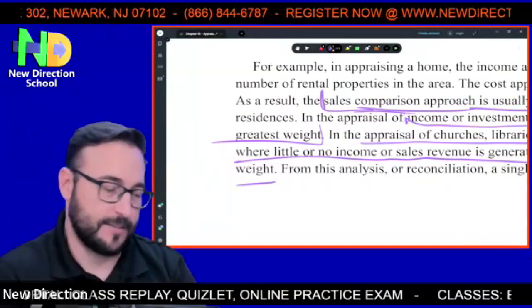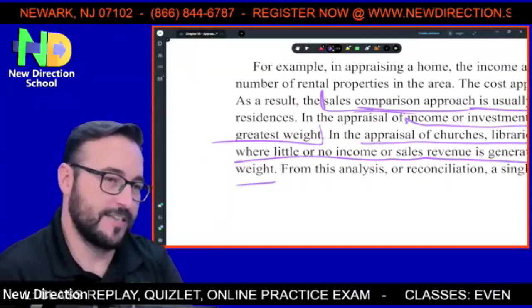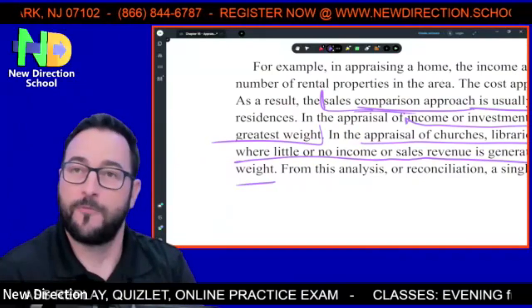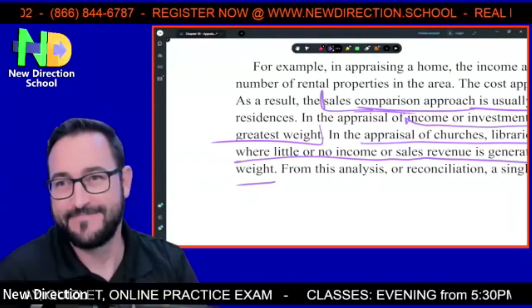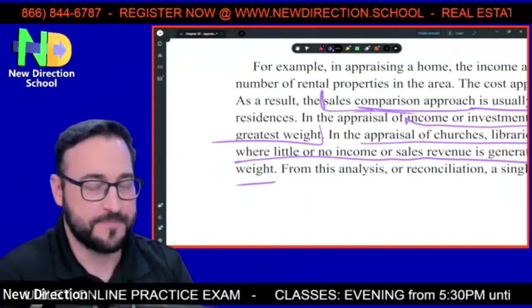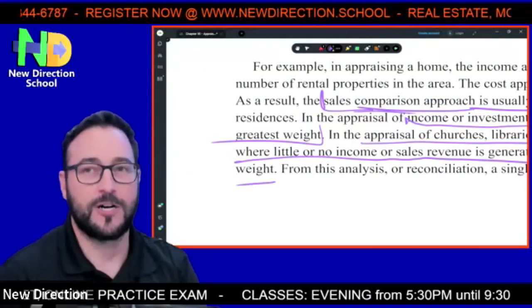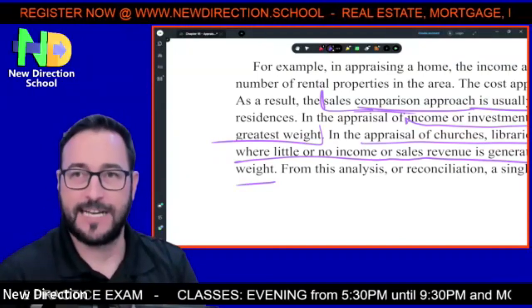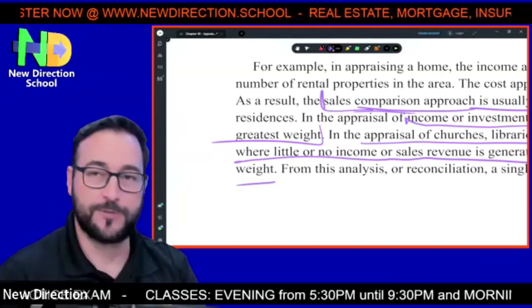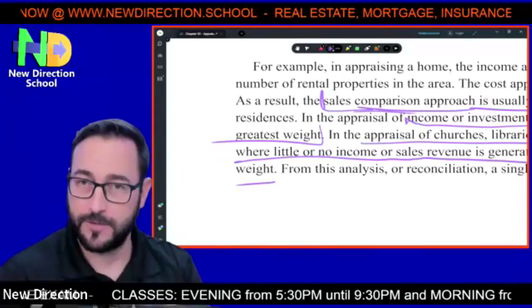You need to know that because there will be questions in the school or state exam on which of these is the most appropriate for the scenario. If they say church, there's no income, and there aren't many church sales, so which one is the best? Cost approach.